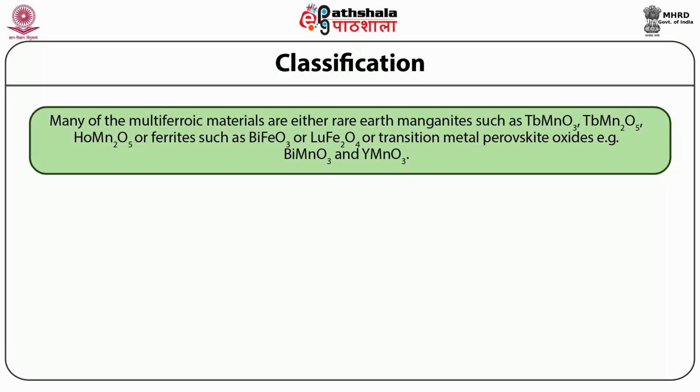Many of the multiferroic materials are either rare earth manganites such as TbMnO3, TbMn2O5, HoMn2O5, or ferrites such as BiFeO3 or LuFe2O4, or transition metal perovskite oxides, for example BiMnO3 and YMnO3.